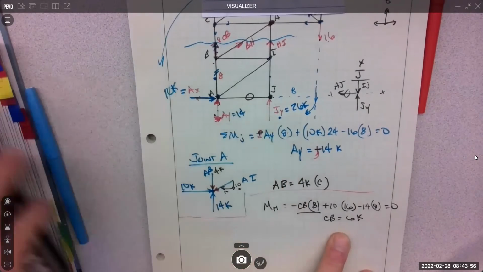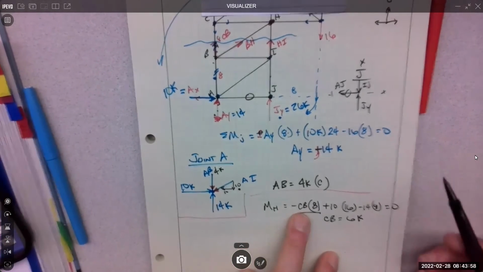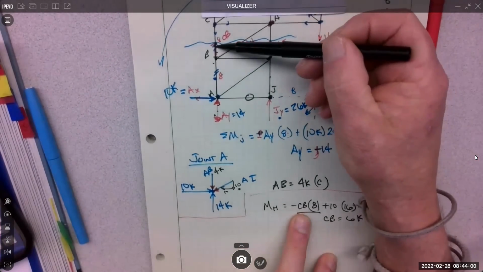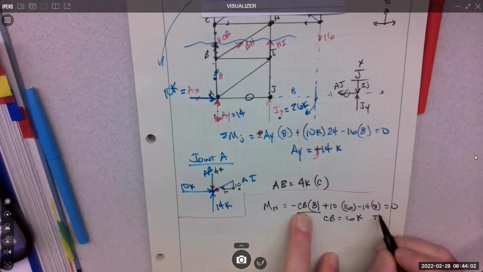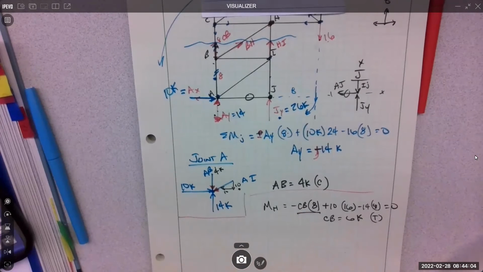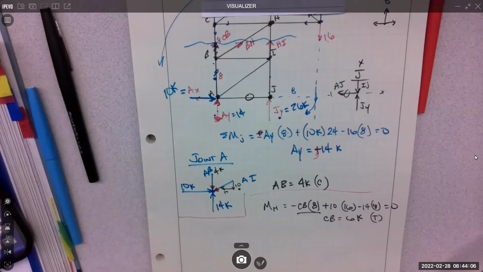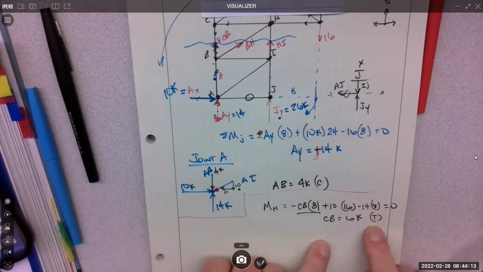That means CB is going in the correct direction, and it is in tension. So a lot of talking and a lot of thinking, but one equation got it for me. Once I finally cut it and picked the right spot, got it.